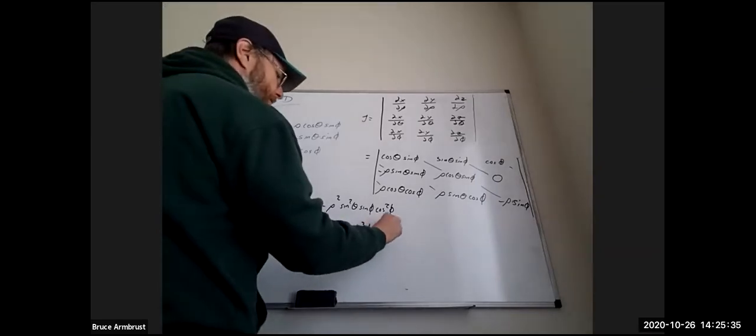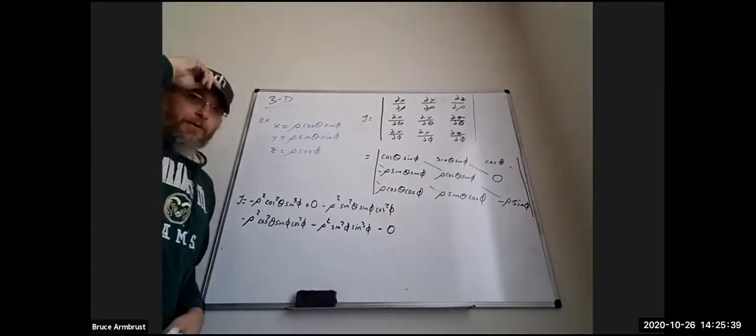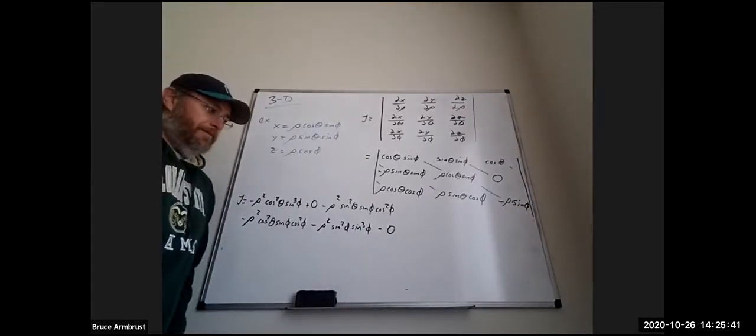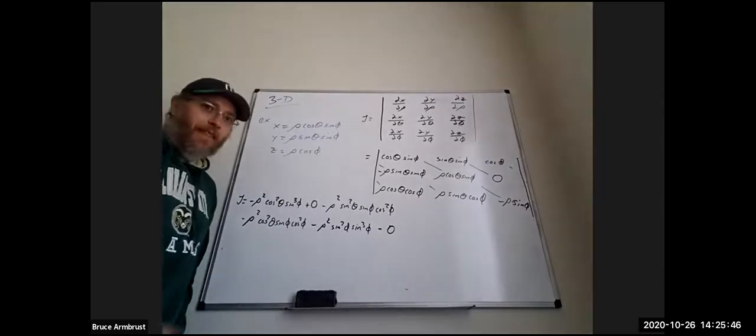And then we're going to get minus 0. Okay, so there's the determinant. There's the Jacobian.